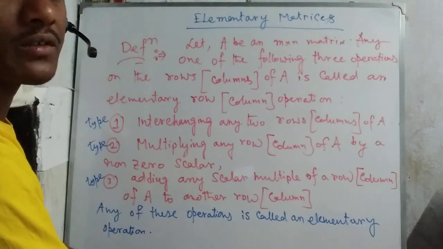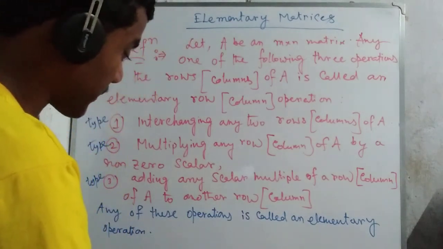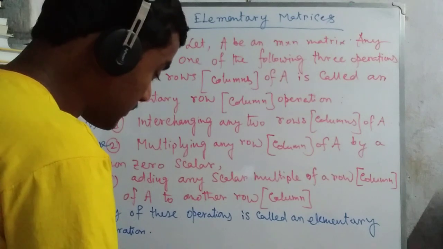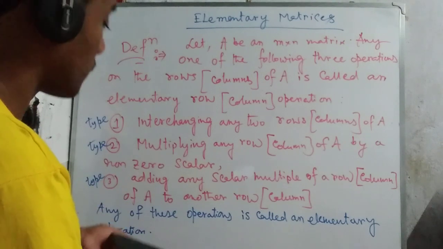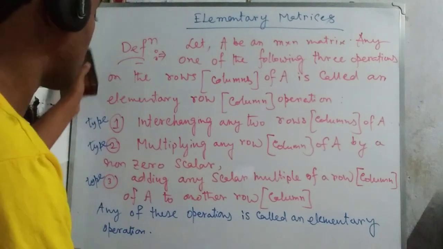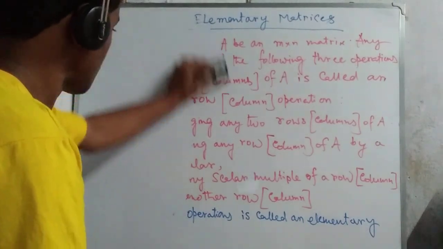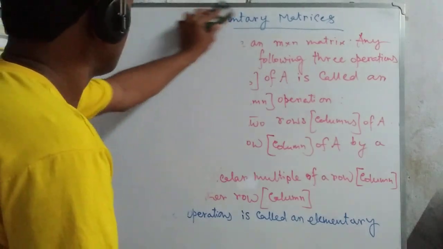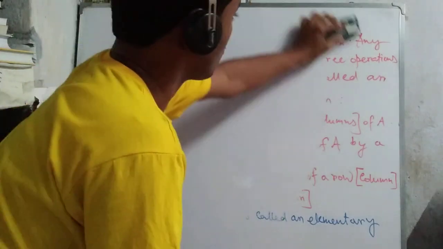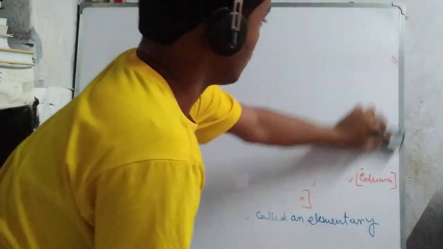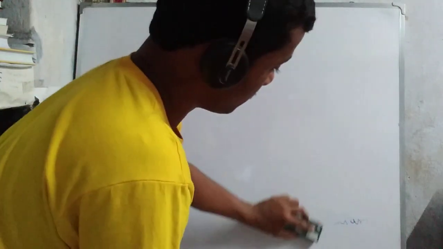We're going to discuss some matrices, and we will see these operations by an example. So we know about elementary row and column operations. Now we also go to elementary matrices.